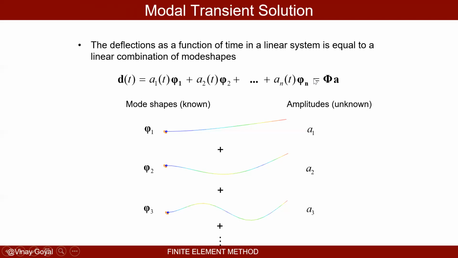Maybe below 150 hertz, I only have 30 eigenfrequencies and mode shapes to worry about. Well, I've now simplified the problem into 30 degrees of freedom because I only have A1 through A30, 30 of these things that I don't know. And so I've simplified the problem from a million degrees of freedom system to just not knowing 30 of these amplitudes.